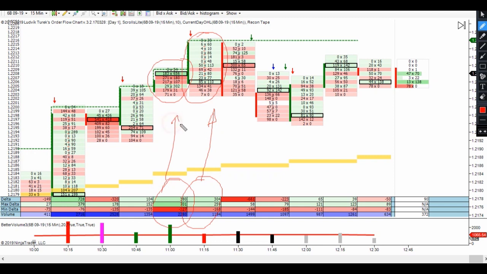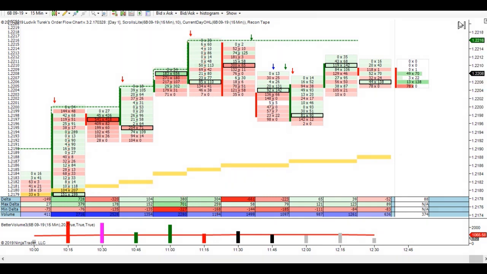So for us, we mainly want to see the decline in volume. That is, we'll be looking at the delta to know if we are having less interested buyers or less interested sellers as we are approaching our area of interest.